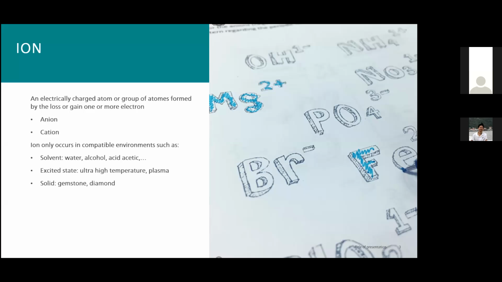For the gas state, you can find ions in excited states, for example at ultra high temperature or in plasma. In solids, you can find ions in gemstones like diamond, which make the gemstone have a specific color.